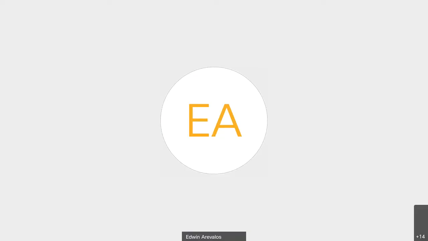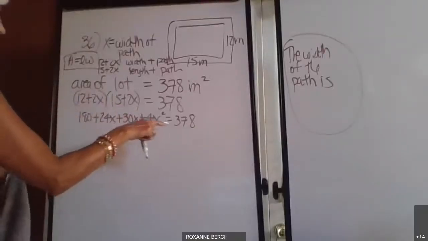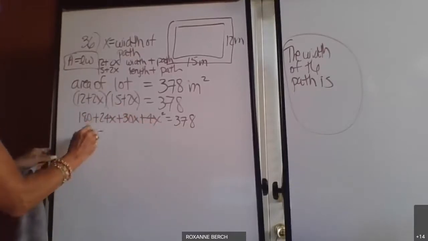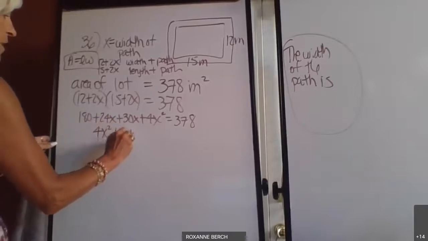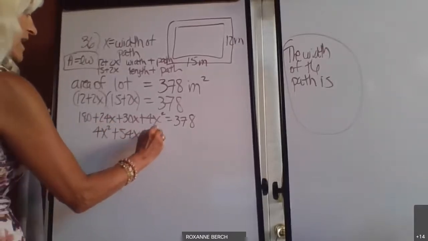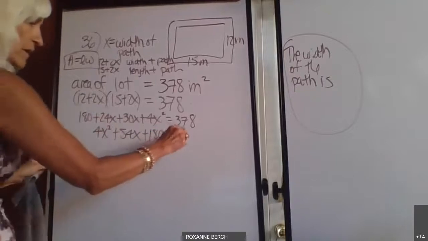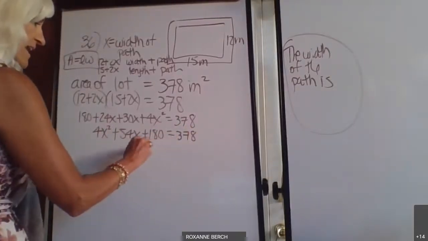So first, outer, inner, last. It's a quadratic, so I'm going to put the 4x squared in front. This is going to be 54x plus 180. So I'm just switching things around. Equals 378. Set it equal to 0.